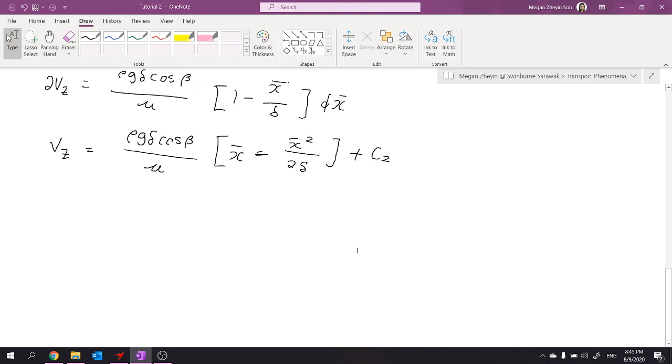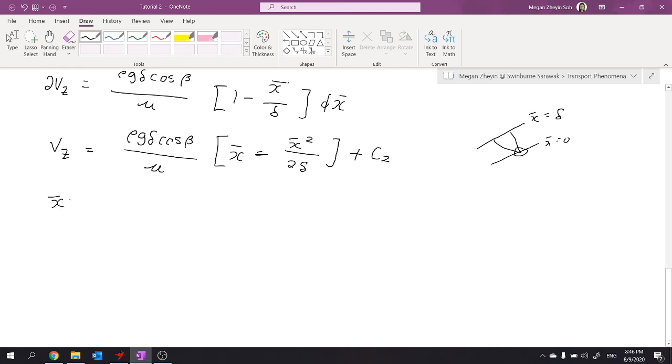Now, in order to find C2, we need to identify the boundary condition. Remember that our velocity profile looks like this, where this is x bar equals 0, and this is x bar equals delta. Therefore, at x bar equals 0, your velocity should be 0. That is your boundary condition.